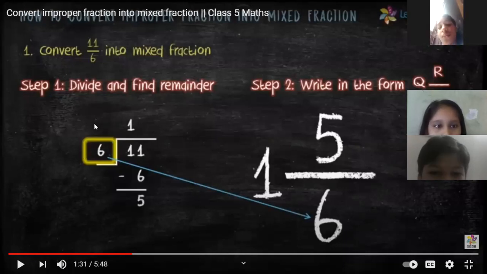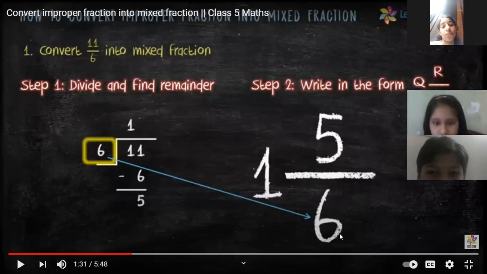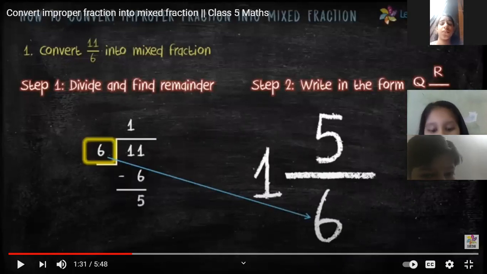This is the divisor, D for divisor, D for denominator. So we can put the divisor as the denominator. You can learn it like this also. And in the whole part, you have to write down the quotient. Quotient is 1. So this is your mixed fraction, and we have converted it from the improper fraction.